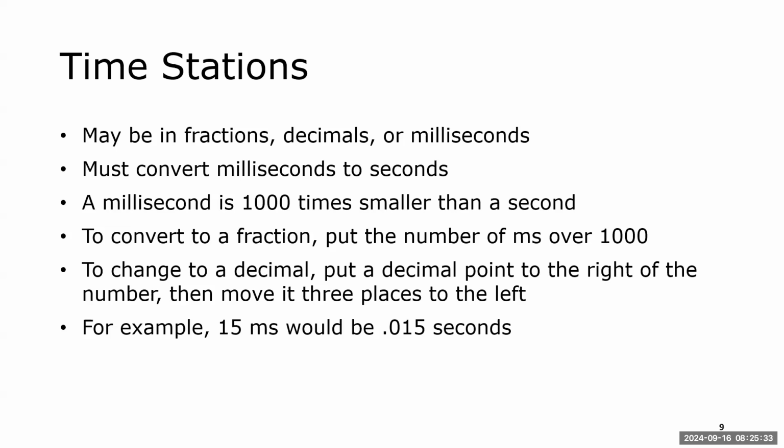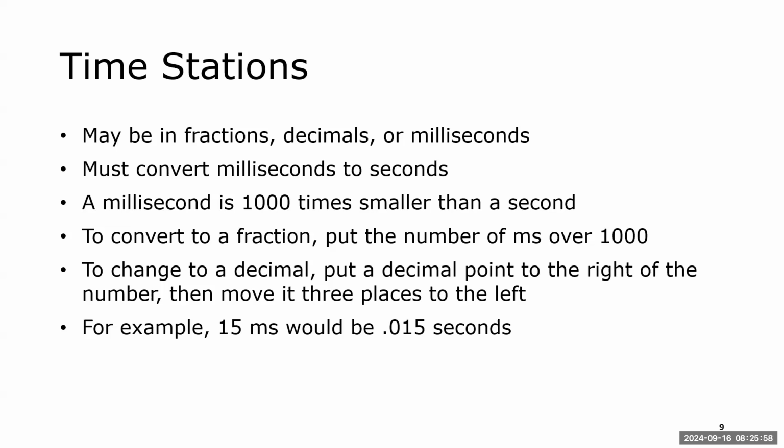So you're going to have to remember how to convert. And again, we're going to get practice with this in lab this week. So converting times from milliseconds to seconds and from seconds back to milliseconds, because you have to have your times in seconds to use the formula, but you have to have it in milliseconds to be able to set it on the control panel. So we'll go back and forth.